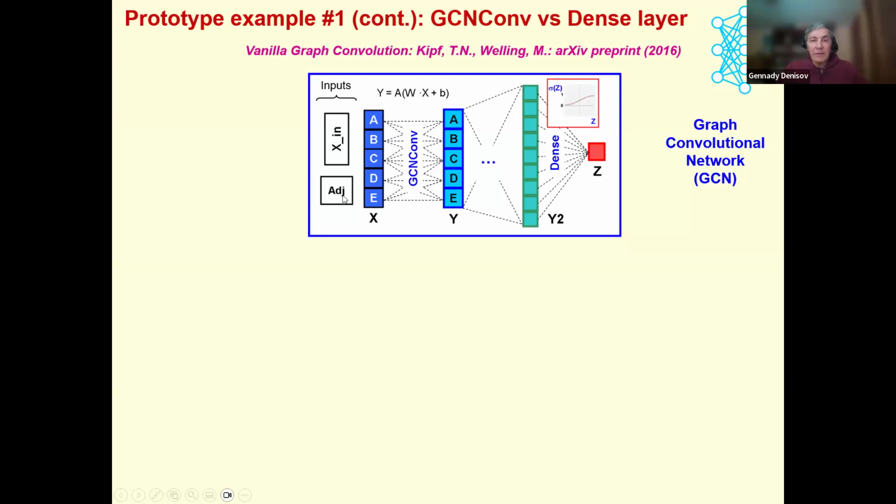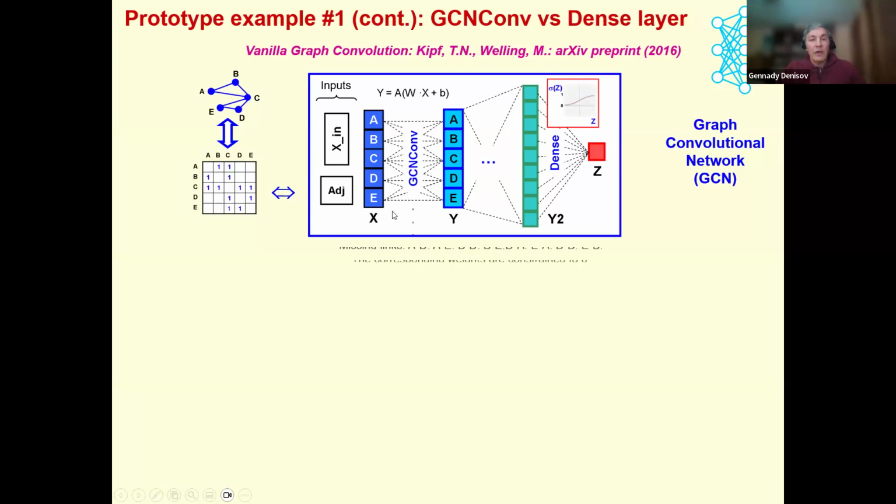It's the adjacency matrix. And why do we need the adjacency matrix here? The significance of the adjacency matrix is that it defines the links present in the graph convolutional layer, because this is not a dense layer. Not all of the links are present. For example, links from A to E or from B to E are missing, and that's exactly because there are no such links in the graph.